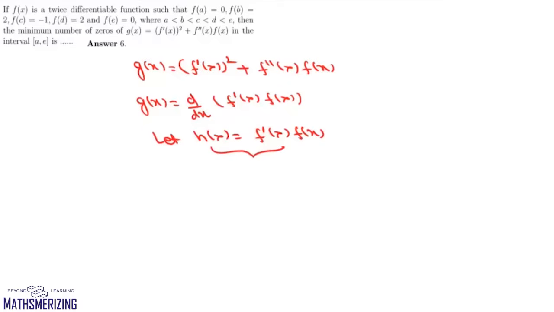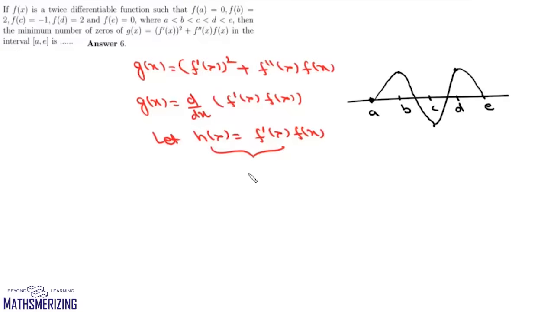Now what you're given is 5 points a, b, c, d and e. Now value at a is 0, value at b is 2, value at c is minus 1, value at d is 2 and value at e is 0. Now from Bolzano's theorem, we can say that there will be at least one root between b and c, and there will be at least one root between c and d.